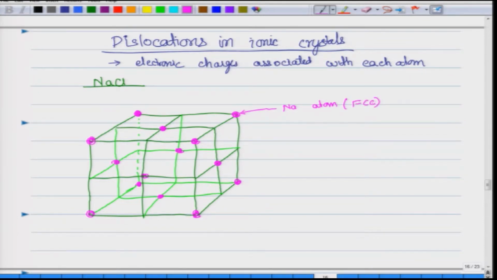Okay. So, now let me draw the chlorine positions, and where are the chlorine atoms? So, the chlorine atoms are over here. Now, just looking at this, you may not be able to realize, but when you draw 2-3 cells, you would see that chlorine atoms also form an FCC structure.